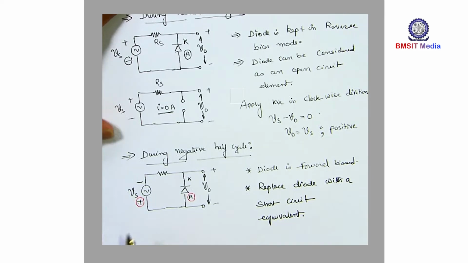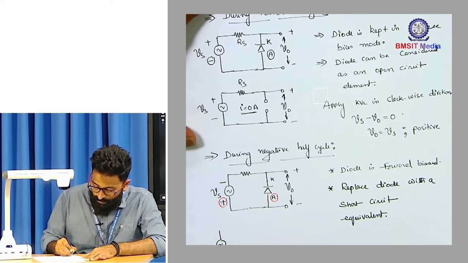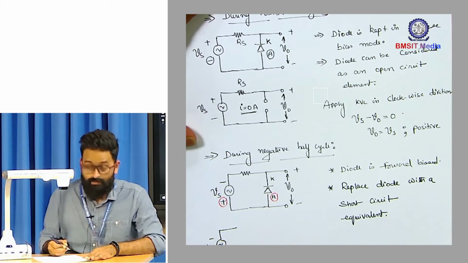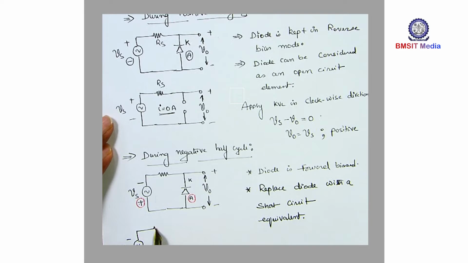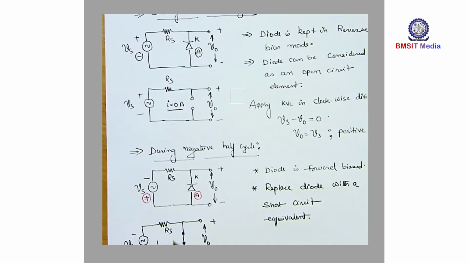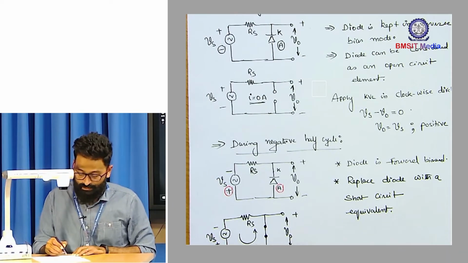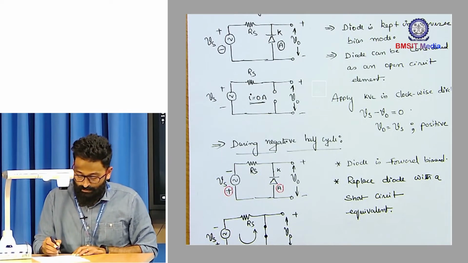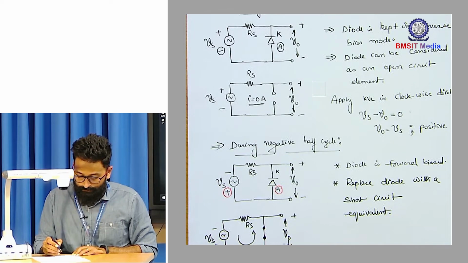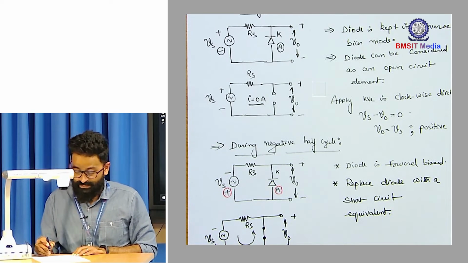And let me redraw the circuit. This will just add more clarity. So short circuit, I'm creating a short circuit across the diode contacts. It's a closed circuit, so there will be a current flow. And what is it that you are observing basically over here?